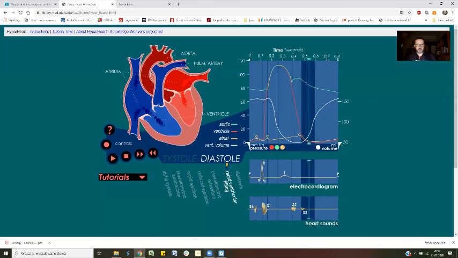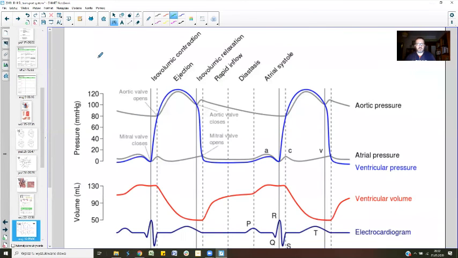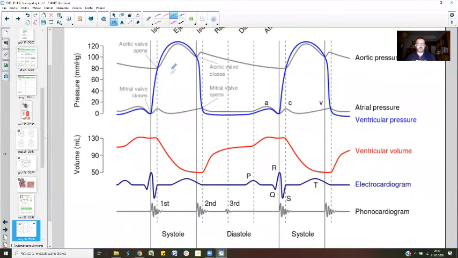I will go back to our presentation, and in this diagram, you may see the relationship between the change in blood pressure and the changes in blood volume in the ventricle. So you can see that with contraction of the ventricle, the volume of blood in the ventricle decreases.